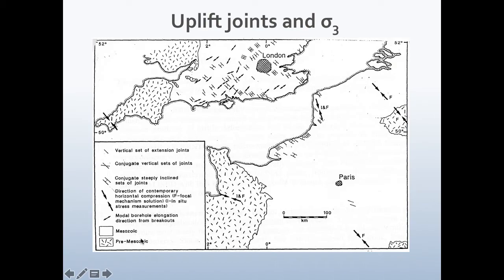For these boreholes, you can imagine a circle, and the arrows are showing that it is being pulled apart. If we were to draw the strain ellipse, it would be a northeast-southwest strain ellipse, which is the same thing you would construct looking at the joints.